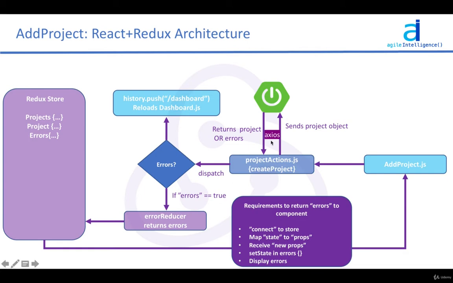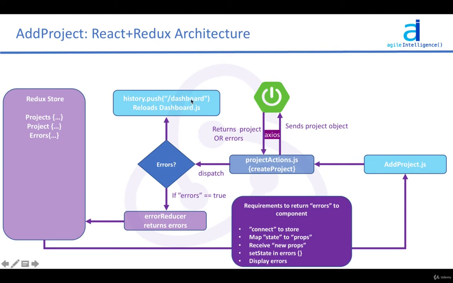Okay, so now the use case is the following. We send a project object from the form. This goes to the SpringBoot backend. And then the happy path is that it's a valid project object, in which case it goes straight onto reloading our dashboard.